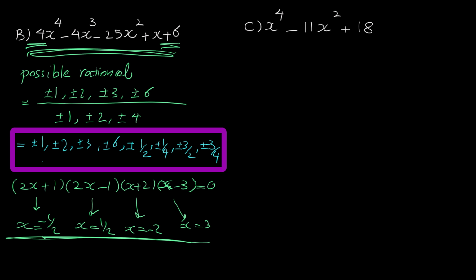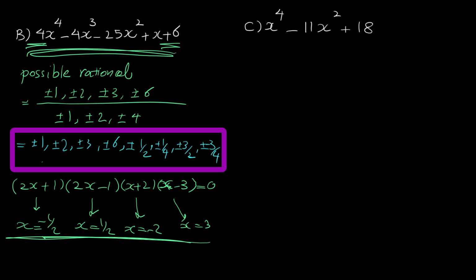What about the next example? x to the 4 minus 11x squared plus 18. There is something new in this example. The constant term of this polynomial is 18. The leading coefficient of x to the 4 is 1.